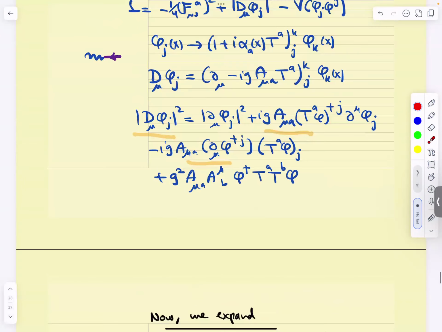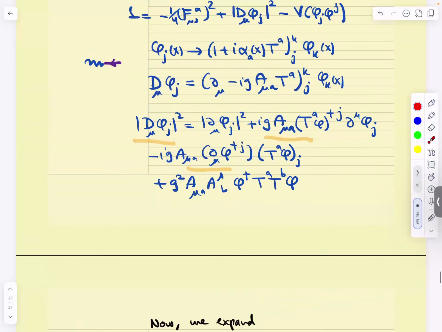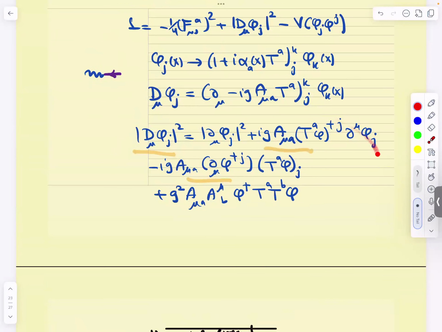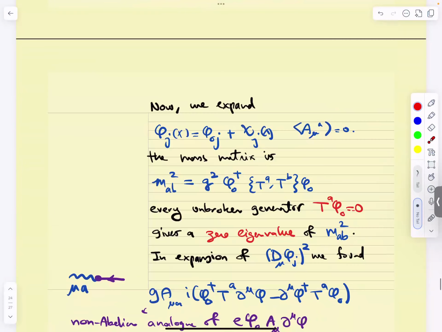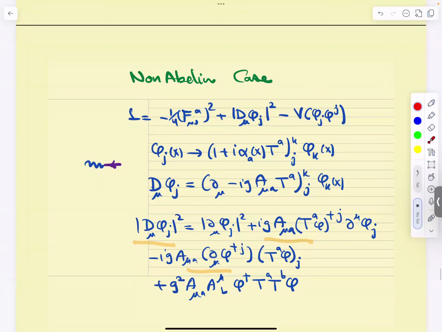Oh, sorry. No, I said something silly. This is the kinetic term. I said something silly. This is the kinetic term. But you have to expand this kinetic term. You have to expand the potential term, all of it. But okay, sorry. I want to highlight this term and this term. That's all I want to highlight for now.